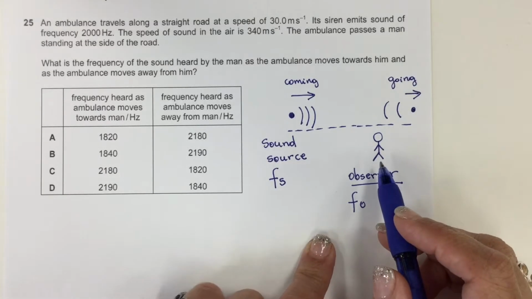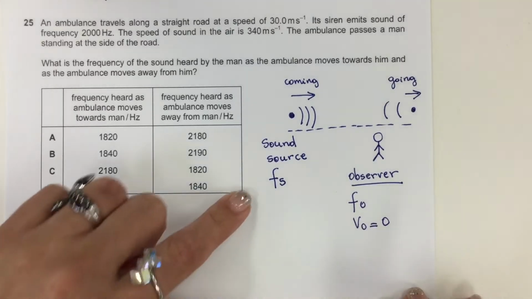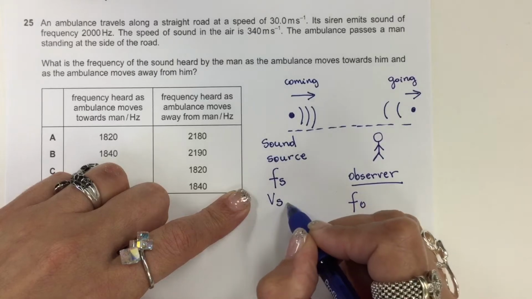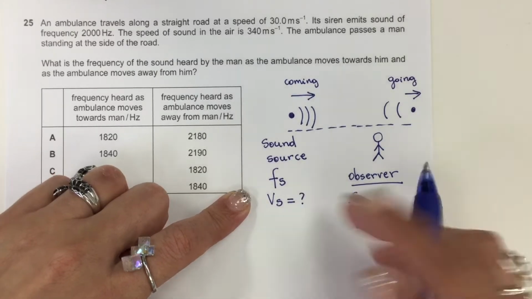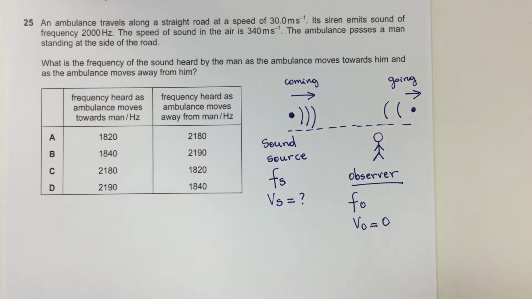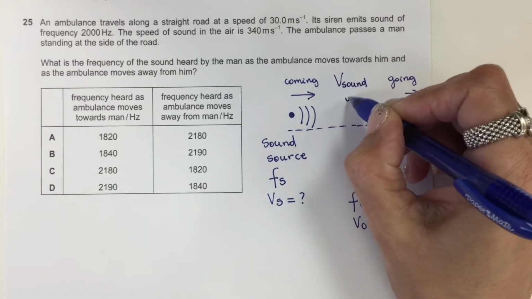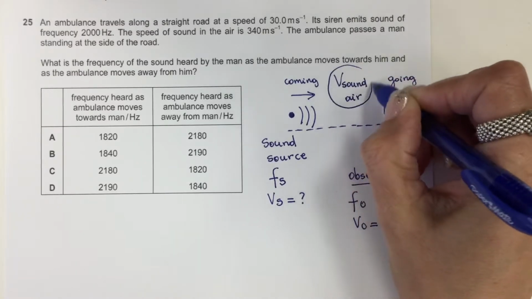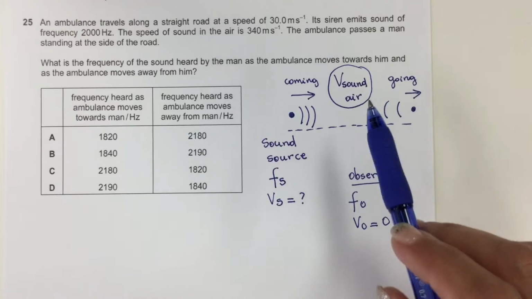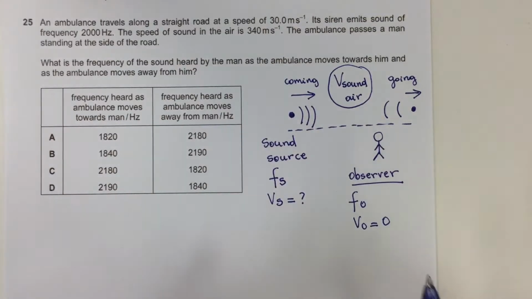Now, because the observer is stationary, the speed of the observer is 0, and the speed of the sound source will be defined in the problem. And there is a third thing that we need to pay attention to, which is the speed of sound in the air. This is another factor, because the speed of sound depends on the medium that is going to carry the sound and propagate it with a certain specific speed.